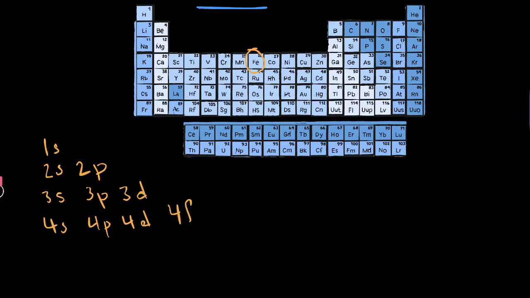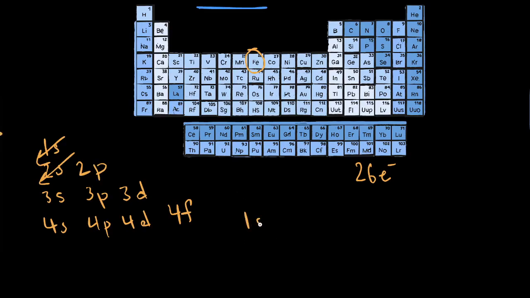Okay, so we have our schematic here. So let's start. So we can see that iron has 26 electrons. So let's keep that in mind. Now we can follow 1s2, 2s2. Here, let me just draw this a bit lower.